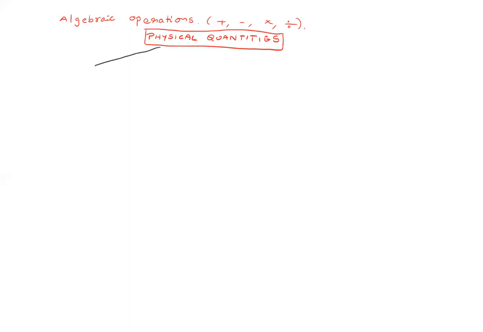What are those three categories? First category is scalars, scalar quantities. Second category is vectors, and third category is tensors.